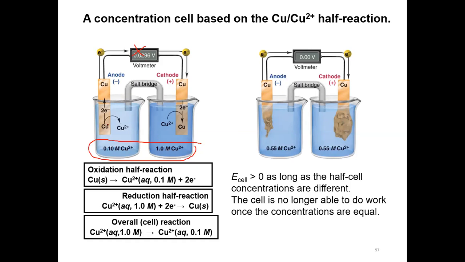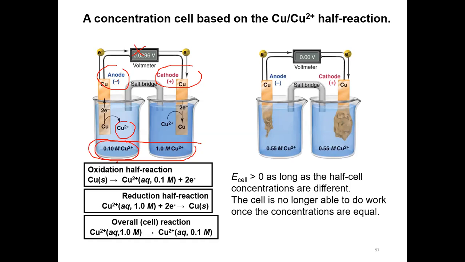So what will happen? The less concentrated side is going to work as the anode, and the more concentrated side is going to work as the cathode. Anode means loss of electrons, so from here the loss of electrons will happen. Loss of electrons will give you more copper 2 plus, so the concentration of copper 2 plus is slowly going to increase.